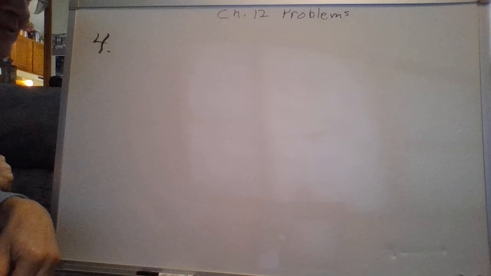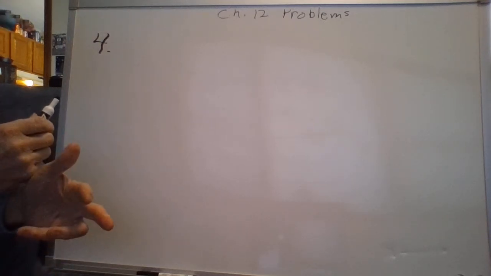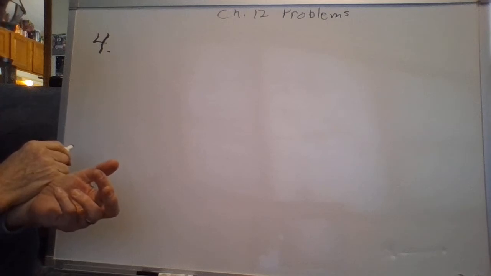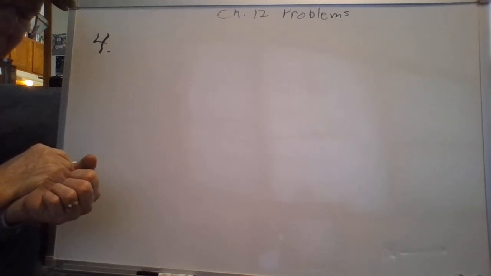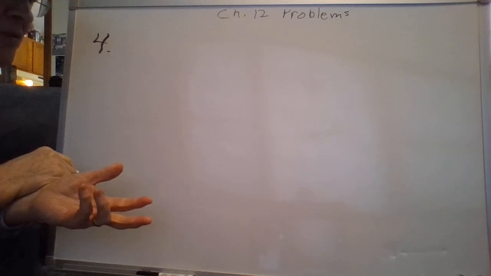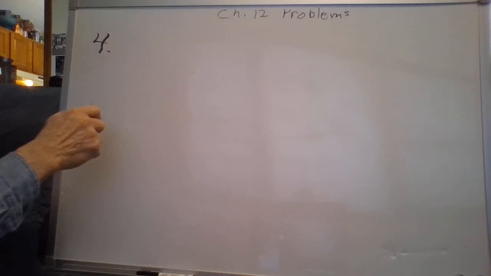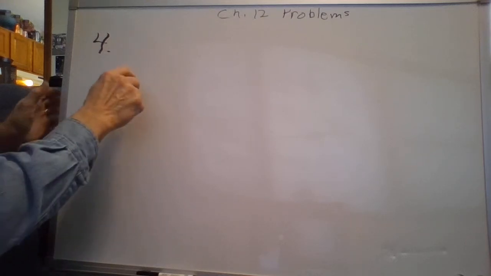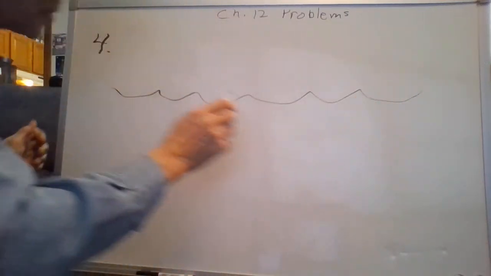So number 4, we've got a mine that explodes at sea. There's an interval of 5 seconds between the sound heard in water and the sound heard in air. Let's say you're on a ship. You've got classic water waves there.